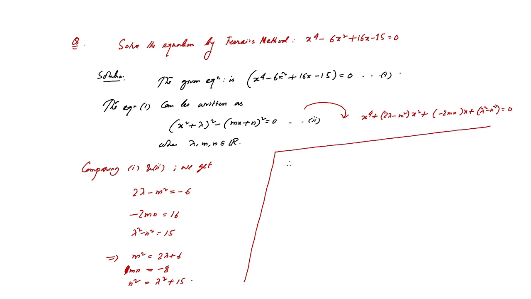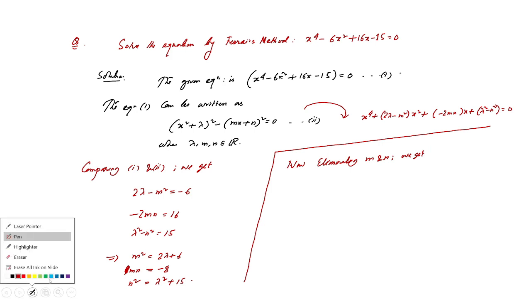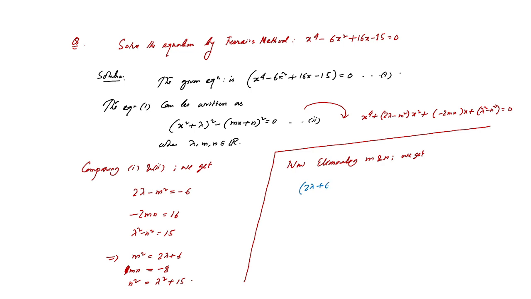Now, continuing, eliminating m and n, what do we get here? We use the simple trick: m square times n square equals mn whole square. So we put the value of m square first, this is 2 lambda plus 6, and n square is lambda square plus 15, and that equals mn whole square, so minus 8 whole square.